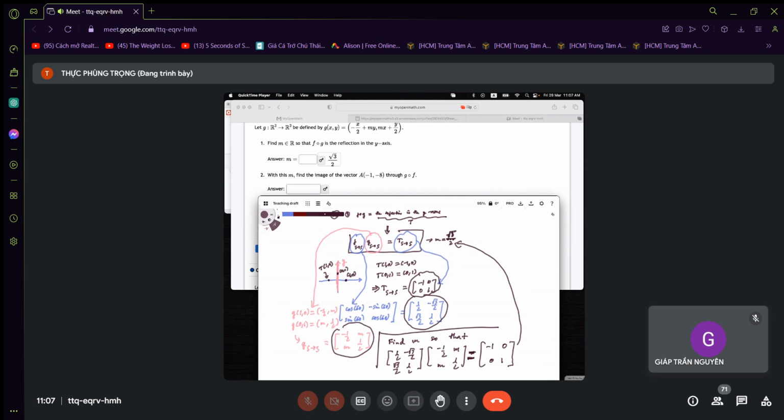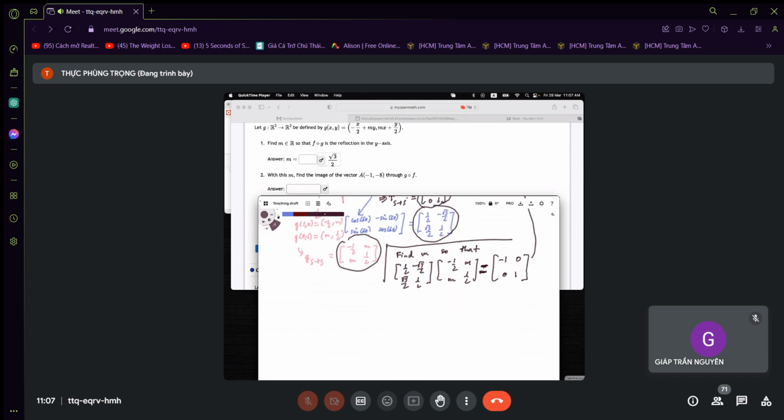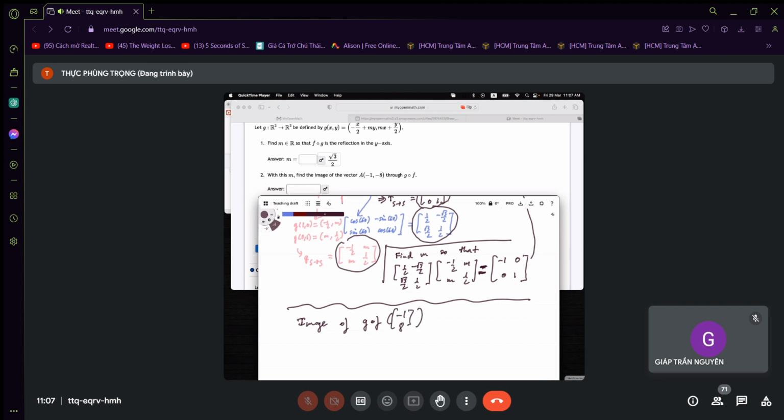All right, so let's go to the second part of the question. Get the image of G of F of this one. So you get maybe like this. Now you only need to do this. You get the answer, right?